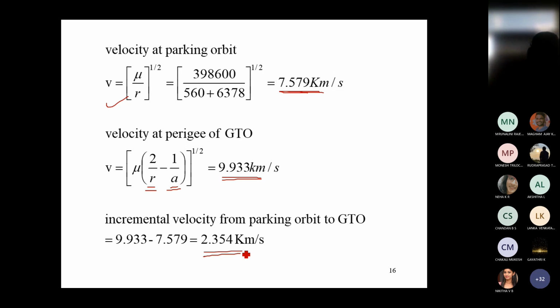If we push the satellite with a high velocity, that additional velocity of 2.35 kilometer per second can be attained by pushing some amount of fuel of the satellite backward. This is the additional velocity required for the satellite when it changes from parking orbit to GTO.